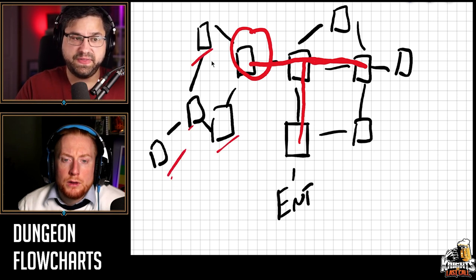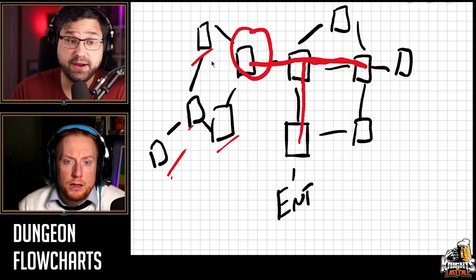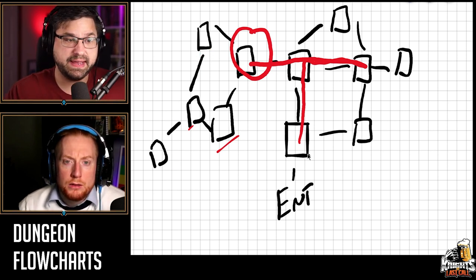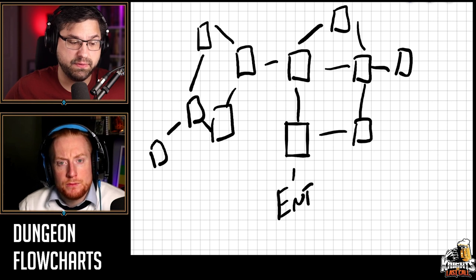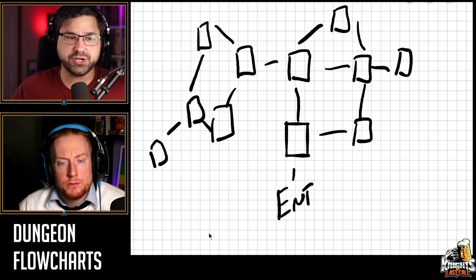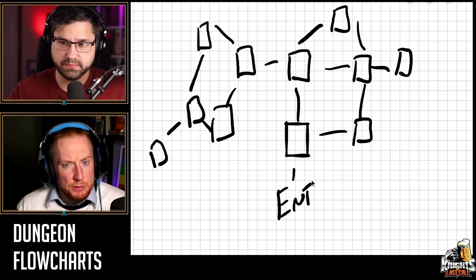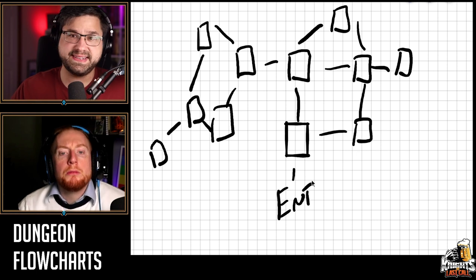Now, how would the player know that? Part of the way is through mapping. The other way is through description and flavor text, making sure the players understand they are moving into a new area of the dungeon. Maybe the smell of rot permeates this area.